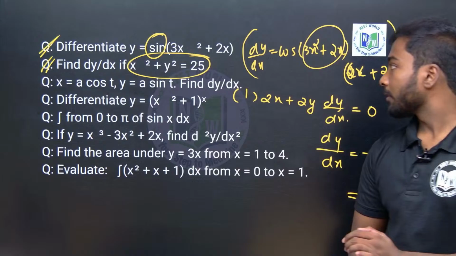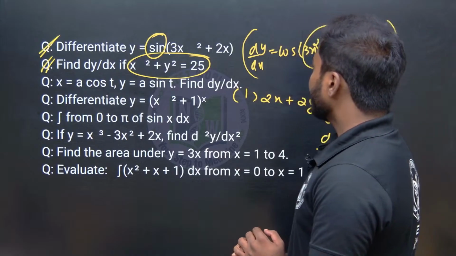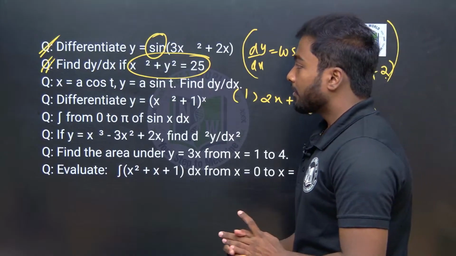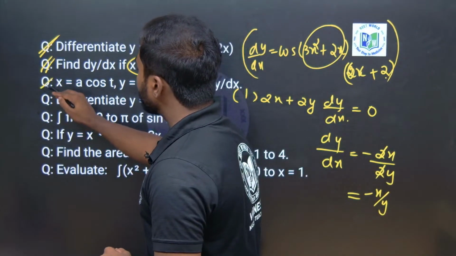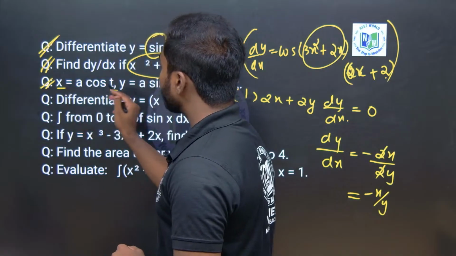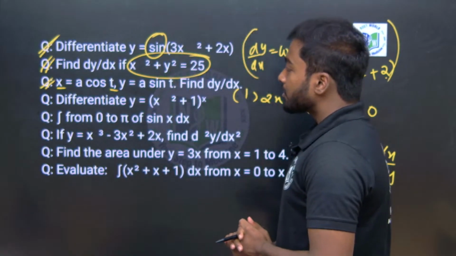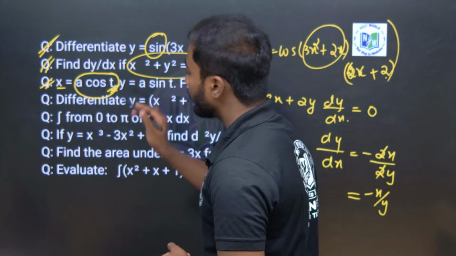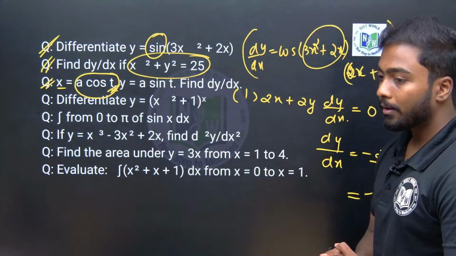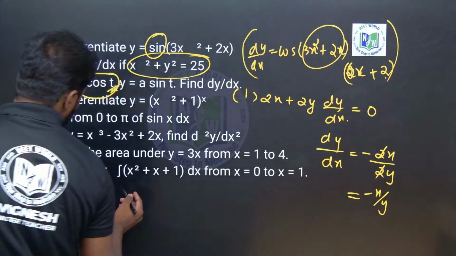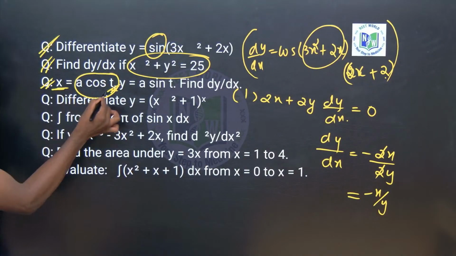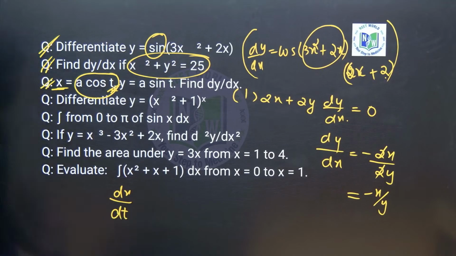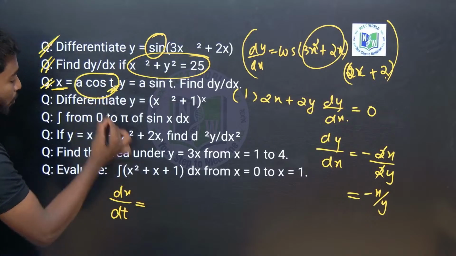Yeah. So, what is the third answer? x = a cos t, y = a sin t. See, I have told you, two variables are there, x and t. If I differentiate x with respect to t, that is dx by dt, keep the constant as it is.